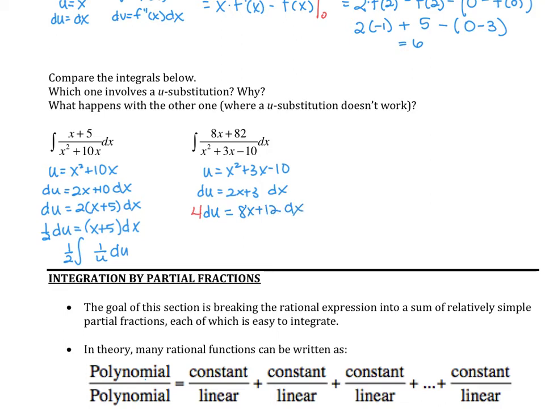But there's a problem. This doesn't actually work because we're looking for 8x plus 82. So how do I make up that difference of 70? Where does that plus 70 come from? Can I just add that in? No, I can't. So what now? What do we do now?